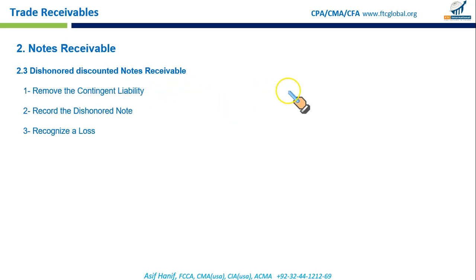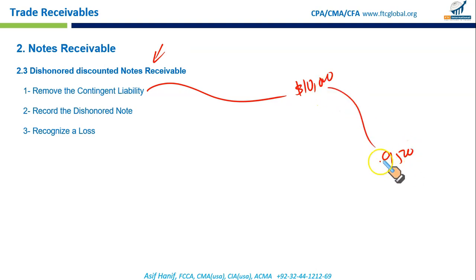So let's take some numbers. Company discounted a $10,000 note with recourse. This is applicable only in case of with recourse. So when you discounted, you got only $9,500 from a third party. If the customer who wrote this note fails to pay the $10,000 amount, then you become liable. The party to whom you sold comes back to you because it is with recourse.